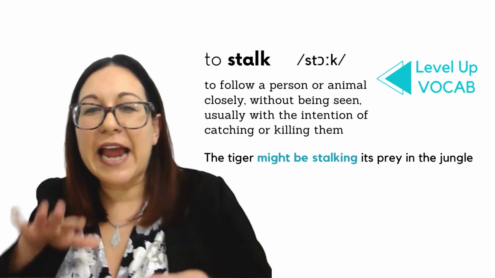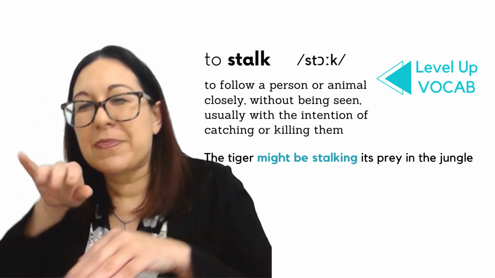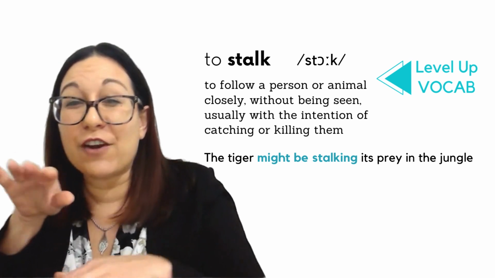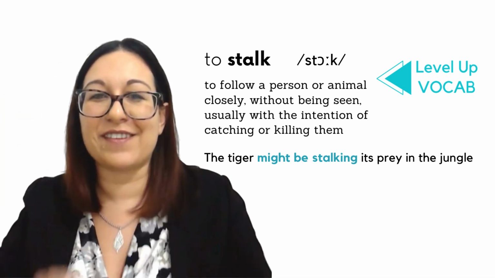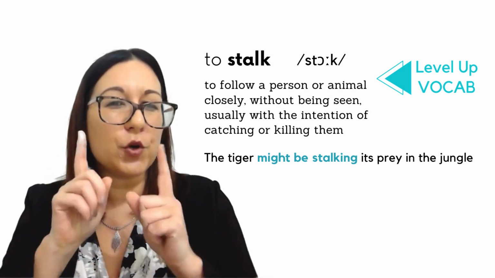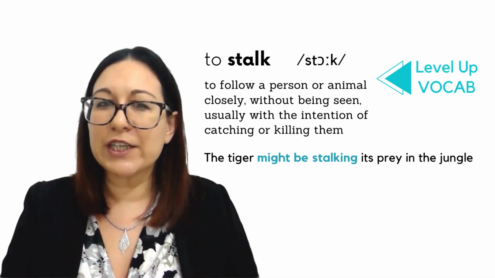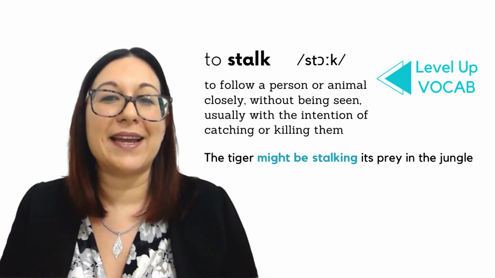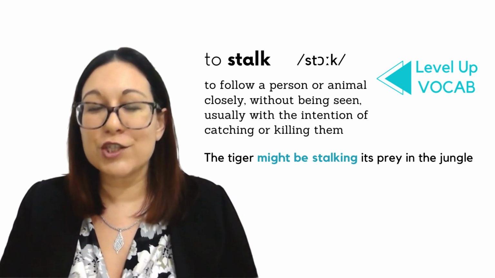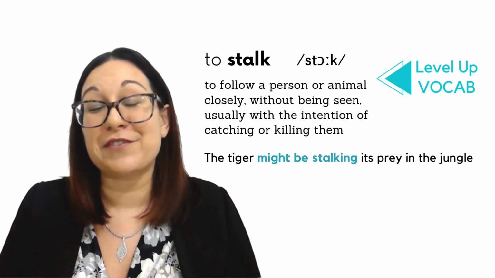That's the actual motion when the cat is moving and following the prey just before it pounces on it. So we could say the tiger might be stalking its prey in the jungle, just as an example of more specific vocabulary. Whether you think this tiger is hiding or hunting, that's really up to you.